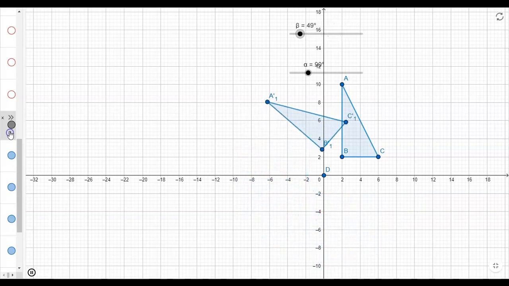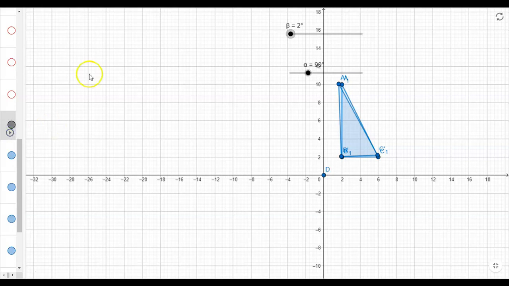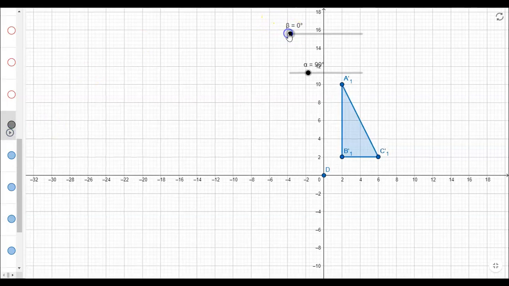So that's what a rotation around the origin looks like.